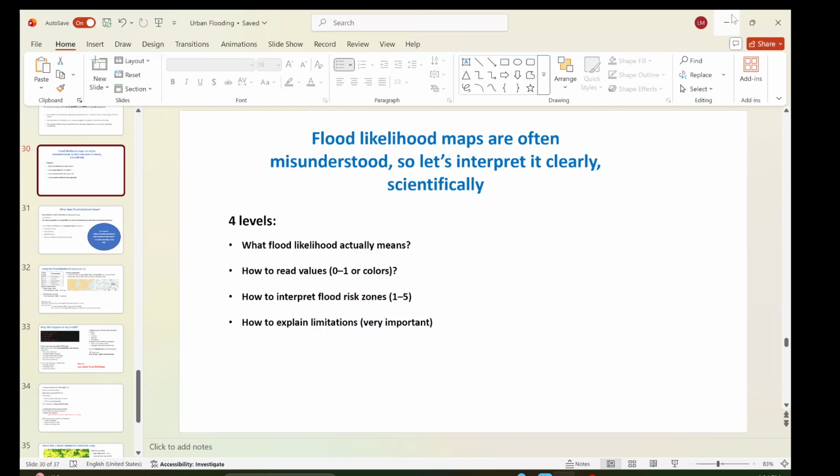Today's video is again based on flood likelihood. I have posted two videos earlier on flood likelihood, because we learn with time, right? Earlier I created those flood likelihood maps using Google Earth Engine, and it was mainly riverine flood risk I was talking about.